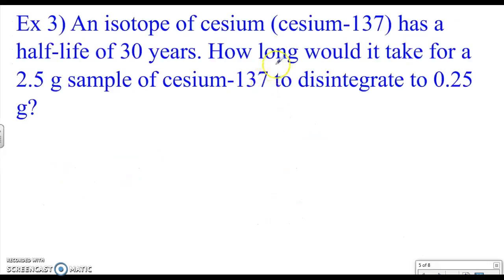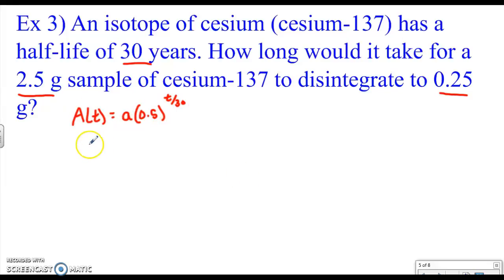An isotope of cesium-137 has a half-life of 30 years. Okay, so we're looking at a half-life of 30 years. How long would it take for a 2.5 gram sample of cesium-137 to disintegrate to 0.25 grams? So half-life. And I'm going to go ahead and plug my half-life in there.